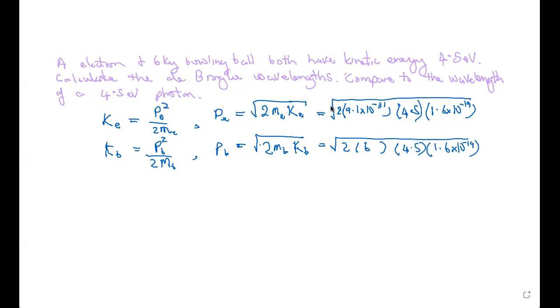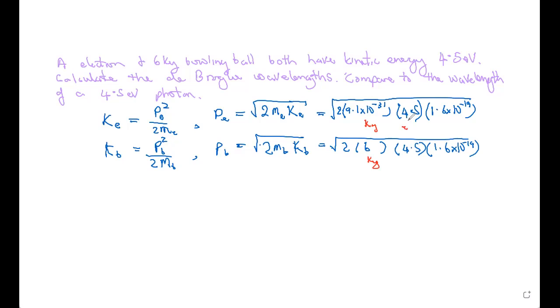So in the square roots, we've got 2 times in both cases, followed by the mass. So 9.1 times 10 to the minus 31 is the mass of the electron in kilograms, and 6 is the mass of the bowling ball in kilograms, multiplied by the kinetic energy in both cases.